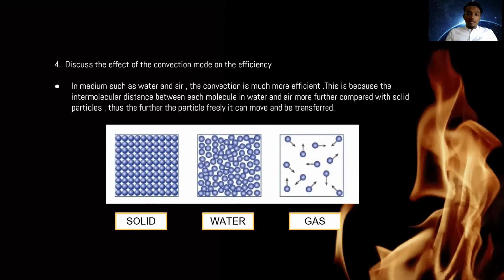As we can see in the diagram below, the particles in a solid are very close together, so it is quite difficult for heat to travel through convection. And as we can see, the particles of water and gas are further apart, so convection heat transfer can occur very easily.